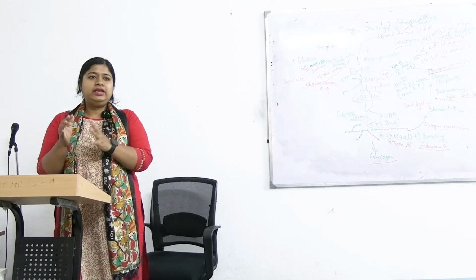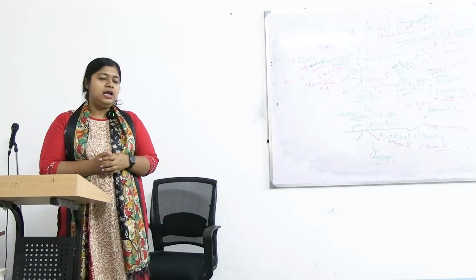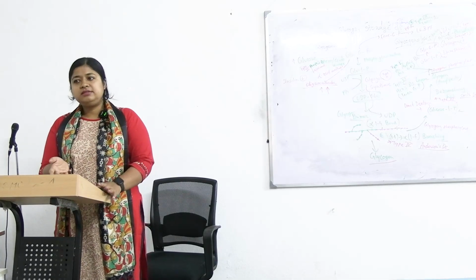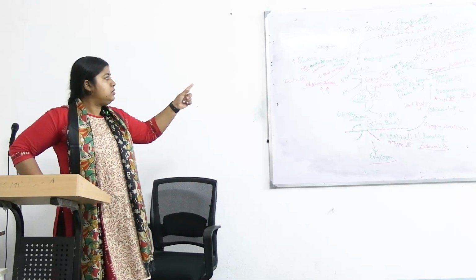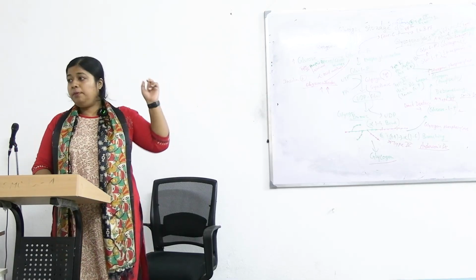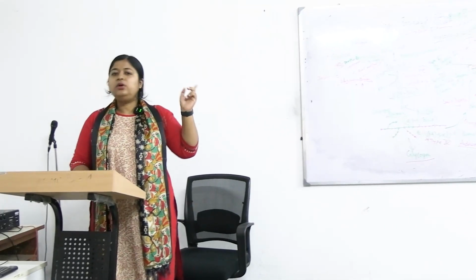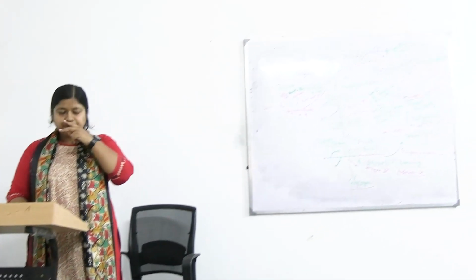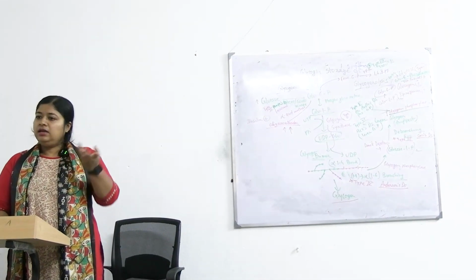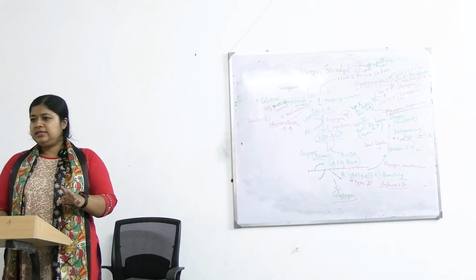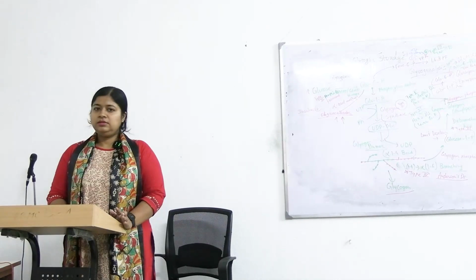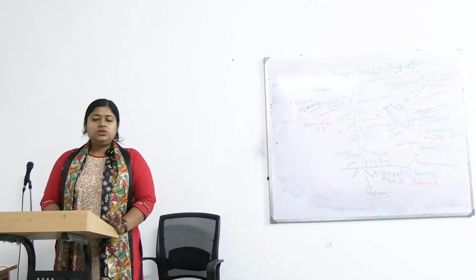There will be failure in pumping action of the heart, and it will lead to respiratory distress and cardiac failure eventually. So lysosomal maltase deficiency or Pompe's disease is related to cardiomegaly, respiratory distress and heart failure, along with other symptoms, hypoglycemia and all. Okay, right? Clear? So these are the major glycogen storage disorders.